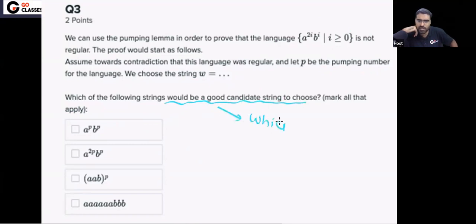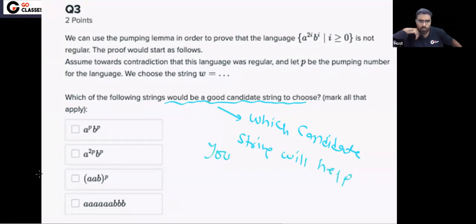The question is asking, which candidate string will help you prove that this L is non-regular, that L fails the pumping lemma?